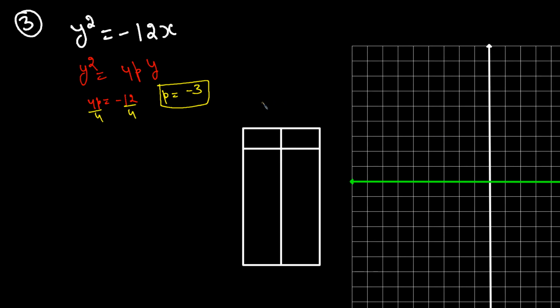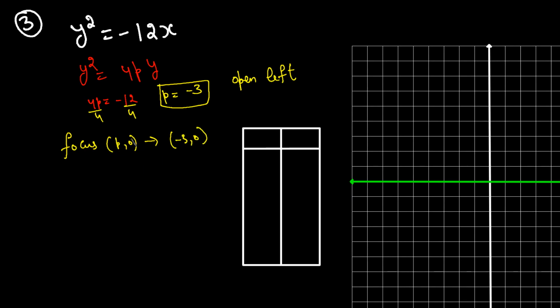If p is positive, it's going to open to the right. So if p is negative and the axis of symmetry is horizontal, it opens to the left. Okay, and the focus in this case is p comma 0, which is negative 3 comma 0.